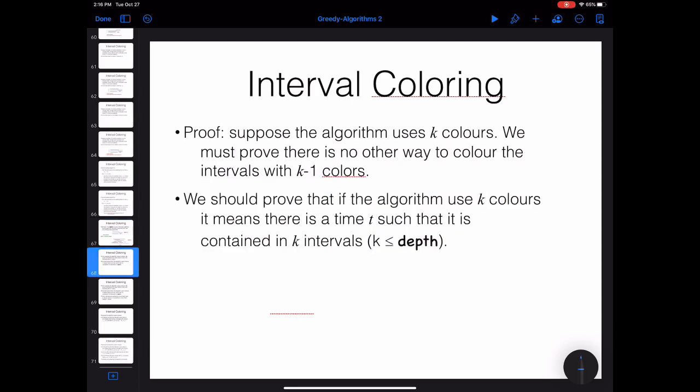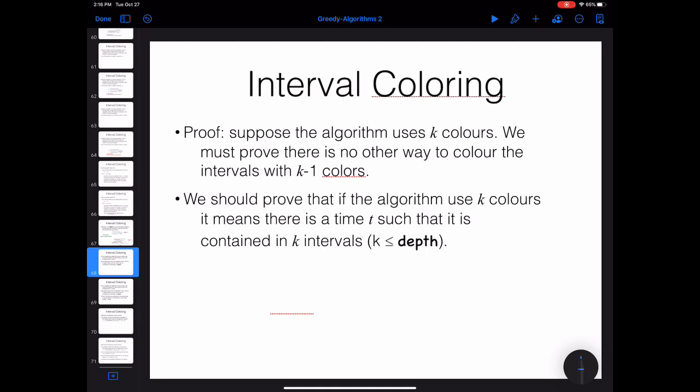Okay, now let's actually discuss the proof. If the greedy algorithm that works based on the starting time of the jobs gives me an answer of k, I am going to prove that it is not possible to find a solution with k-1 colors. Why?